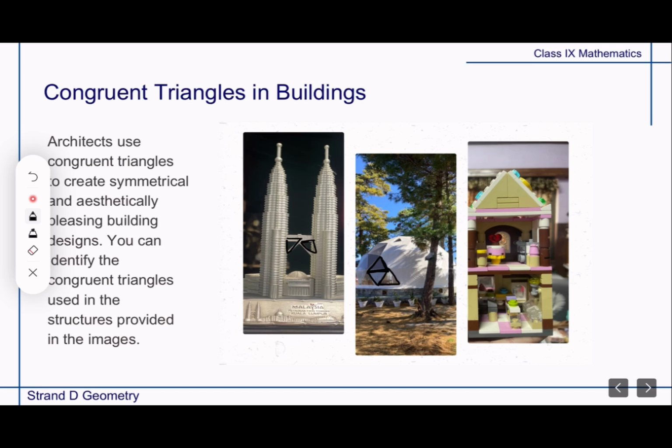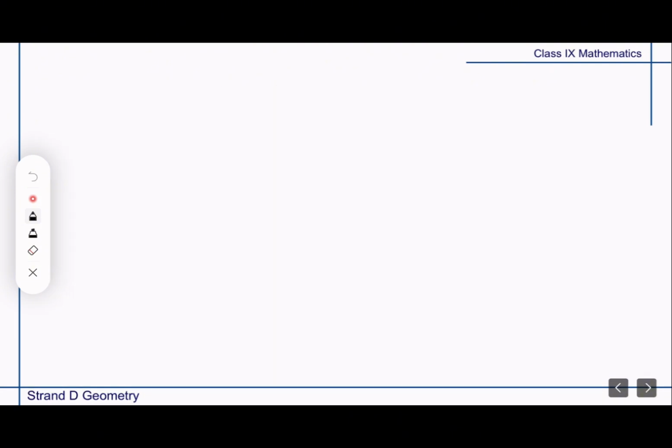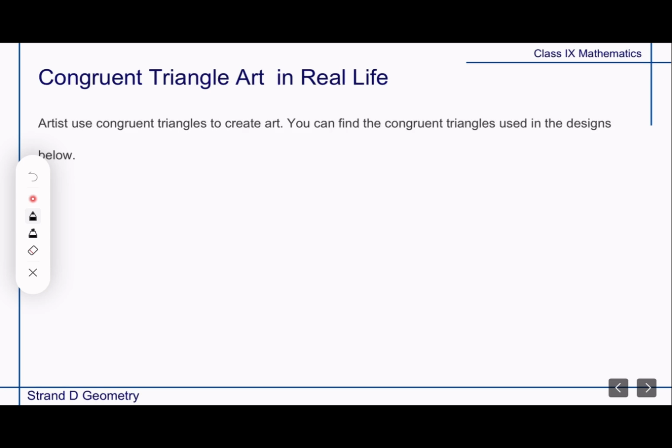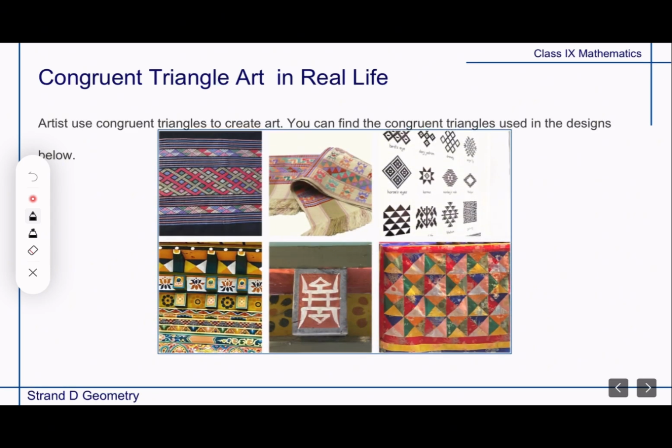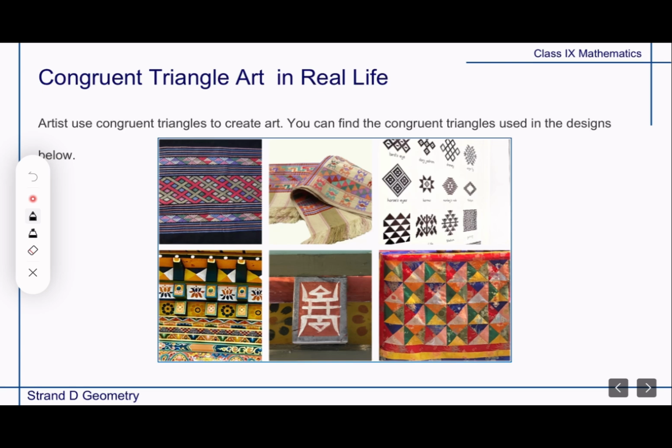And even in the houses made from Legos, you will notice that congruent triangles are being used. And like I said, in the design of art also we tend to notice congruent triangles.